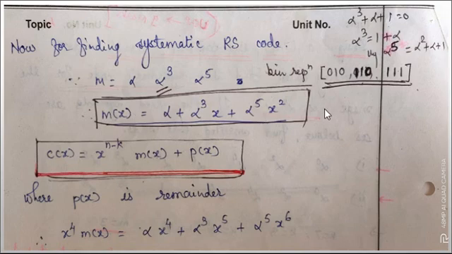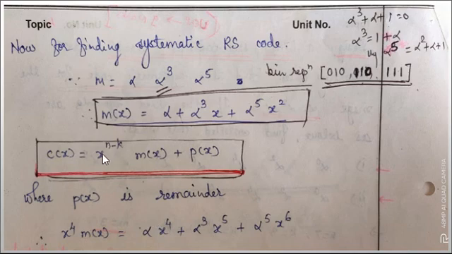Once we got this, next thing is to obtain c of x. So for c of x, this is the expression for systematic RS code. The same kind of expression we have already seen in case of the cyclic code. Now, since these are subclasses of the cyclic code, the same sort of nature can be applied over here.